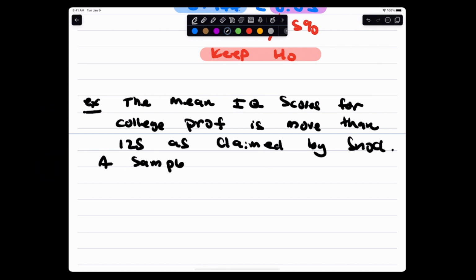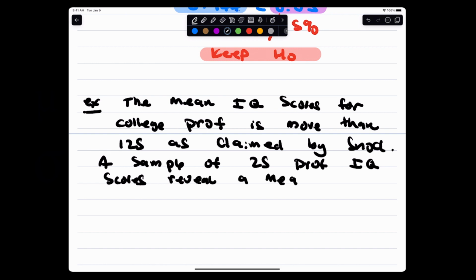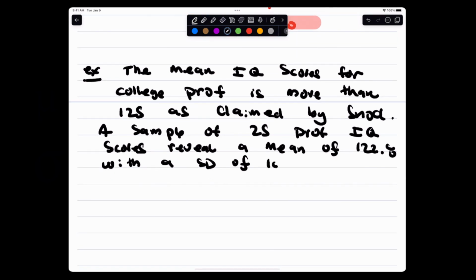A sample of 25 professors' IQ scores reveals a mean of, let's say, 122.8 with a standard deviation of, let's say, 10.2.